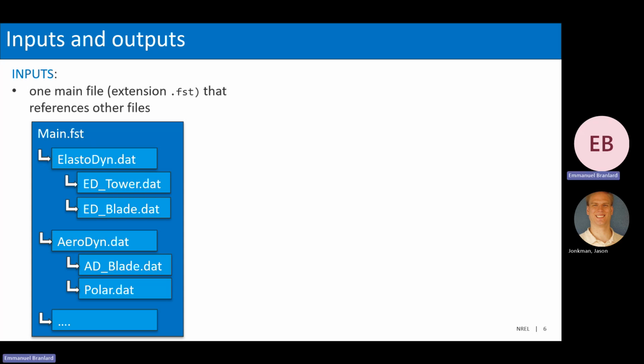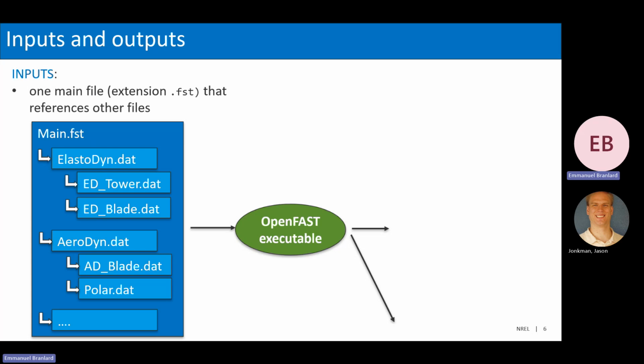This file doesn't have all the information, but it actually refers to other files. Because OpenFAST has a lot of modules, each module has its own input file. That's something that new users can find a bit confusing. So not only do you have one file, the main .fst, but you're going to have a lot of files that are referenced by other files. So you'll have other subfiles that are referenced in this file.